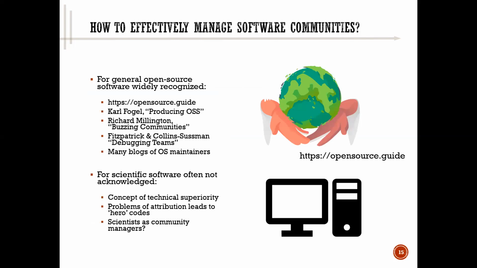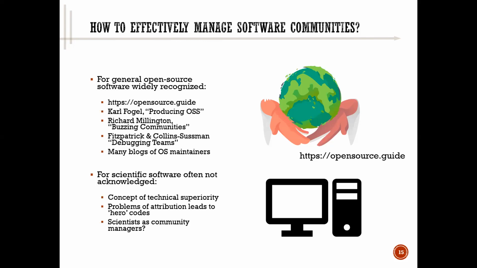There are websites like opensource.guide, which was initiated by GitHub. There are full books about producing open source software and all kinds of community work around open source software. And there are many blogs of open source maintainers who discuss the question of how to effectively manage software communities. For scientific software, this question is not as much discussed.